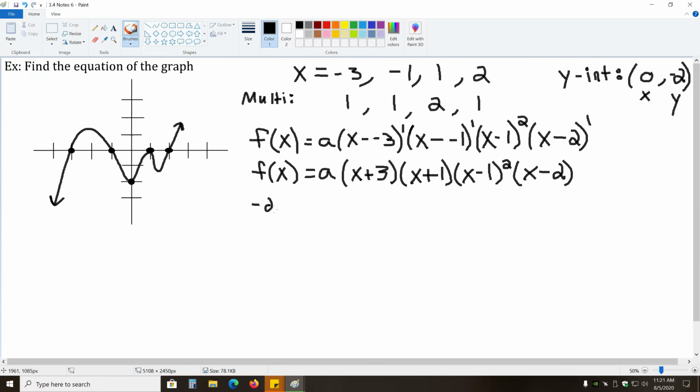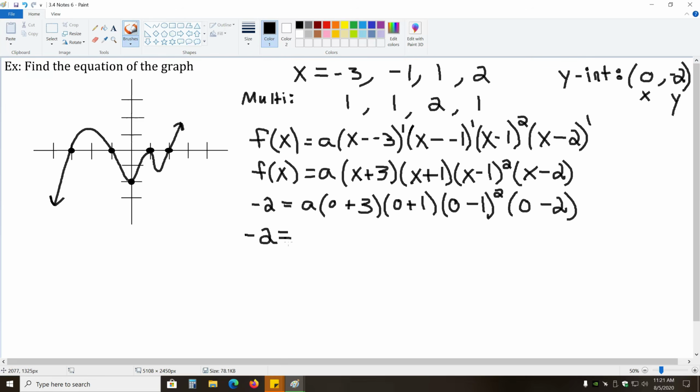So we get -2 equals a times (0 plus 3) times (0 plus 1) times (0 minus 1) squared times (0 minus 2).